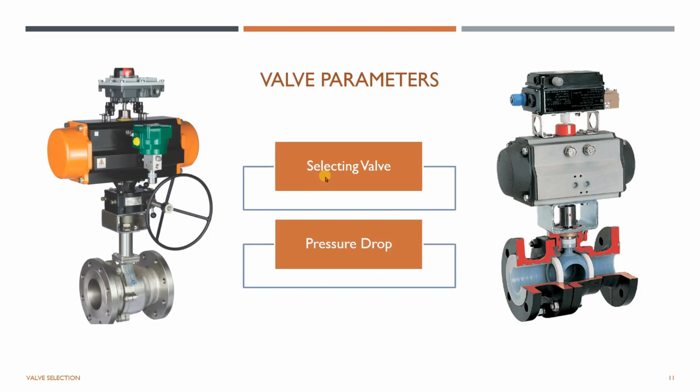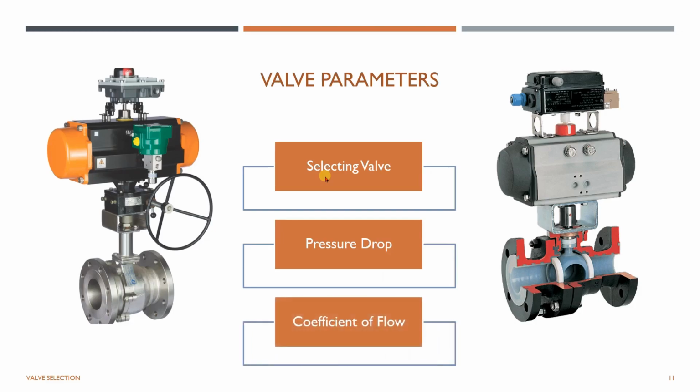How far can you go, how much lesser, or how much more than the maximum pressure drop given in your tabular column for that specific unit? The next thing is, how much should your coefficient of flow be? Coefficient of flow is something you saw earlier in the slide, which was CV. I'll tell you the importance of coefficient of flow after we go through the valve schedule.